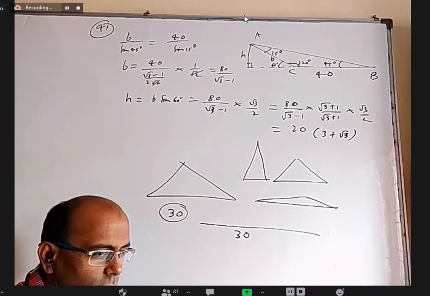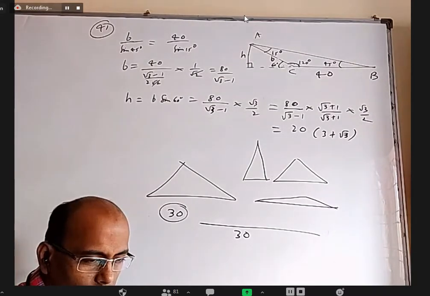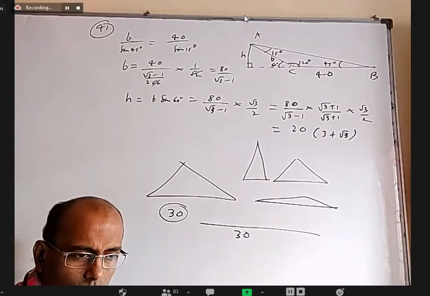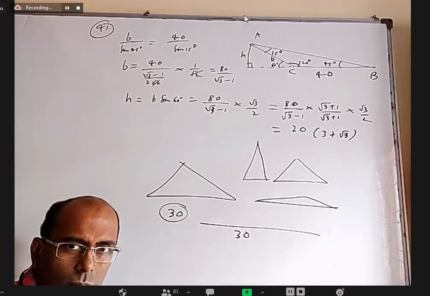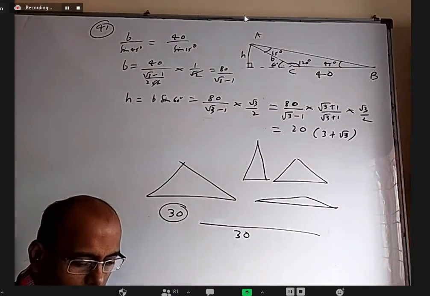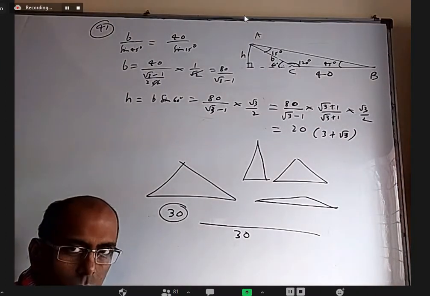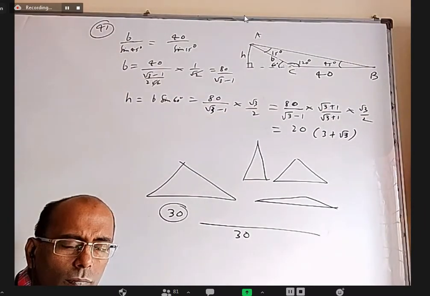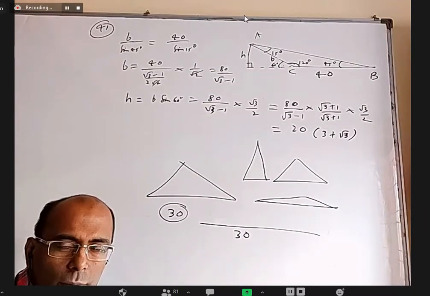Obtuse angle triangle will have minimum area. Okay. Anything else anybody want to say?